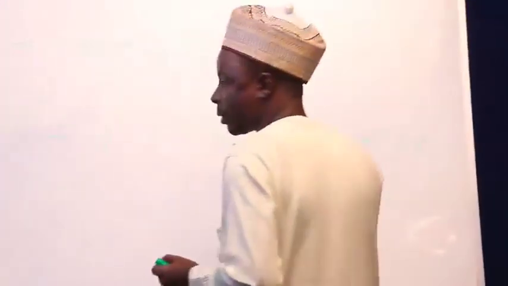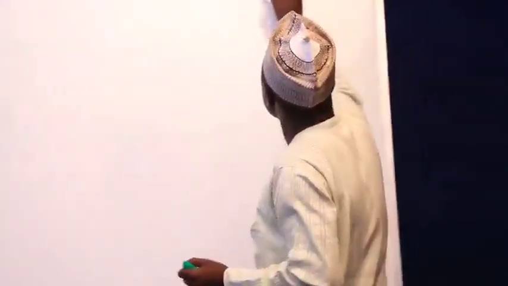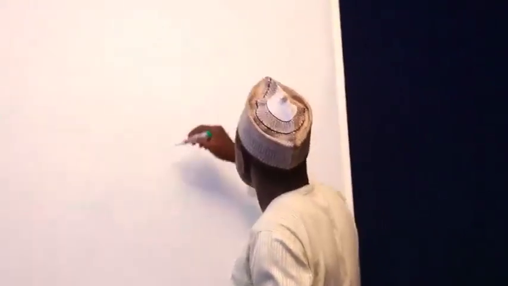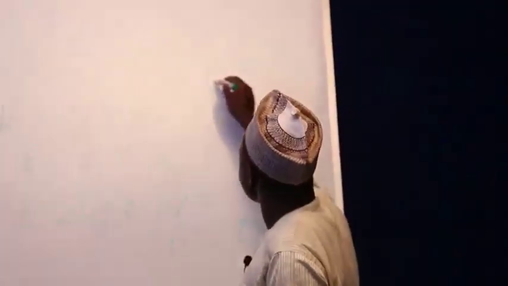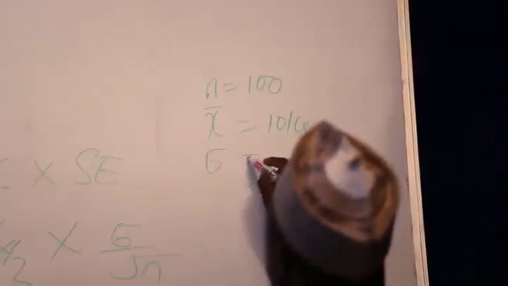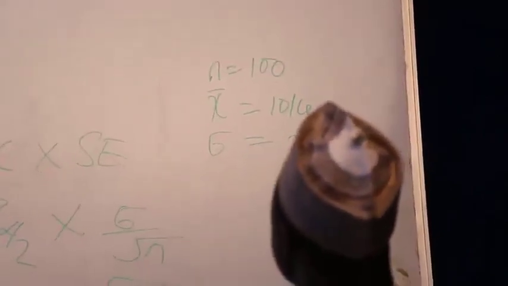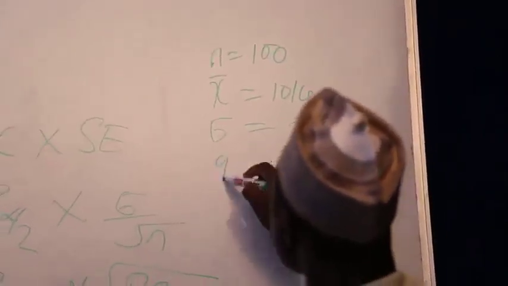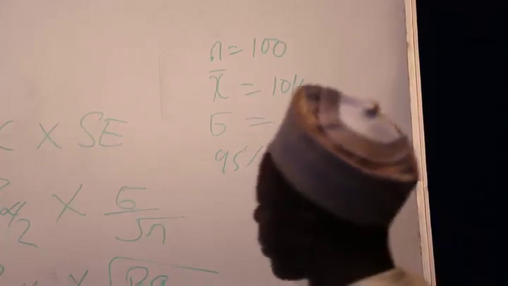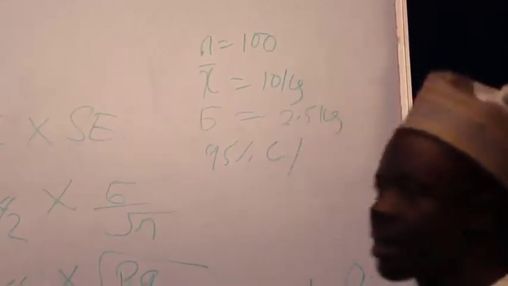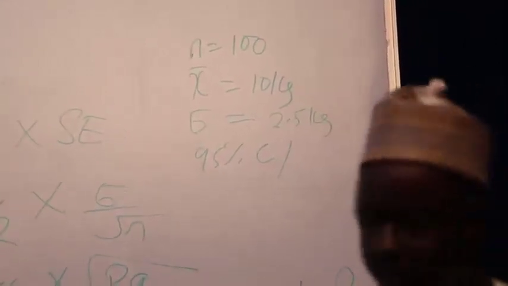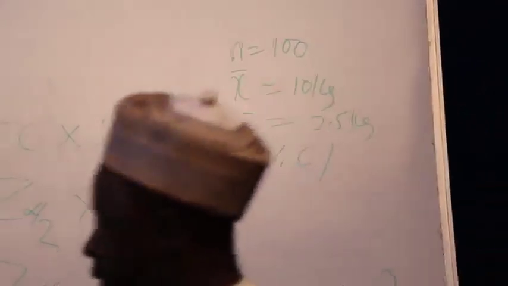So our n is equal to 100, and the mean weight is equal to 10 kg. And you take your standard deviation to be 2.5 kg. And you are asked to calculate the 95% confidence interval of this population.